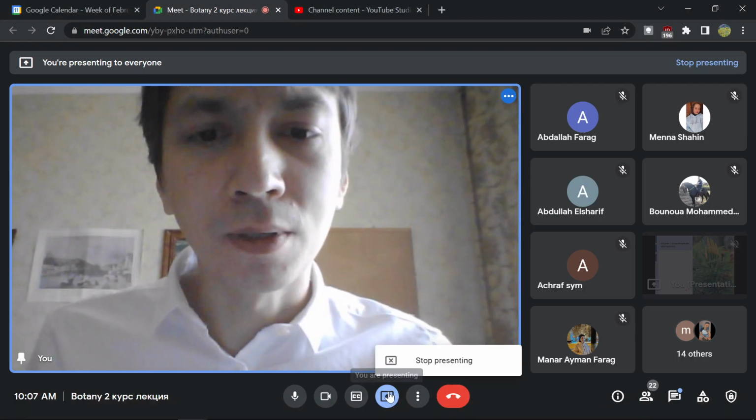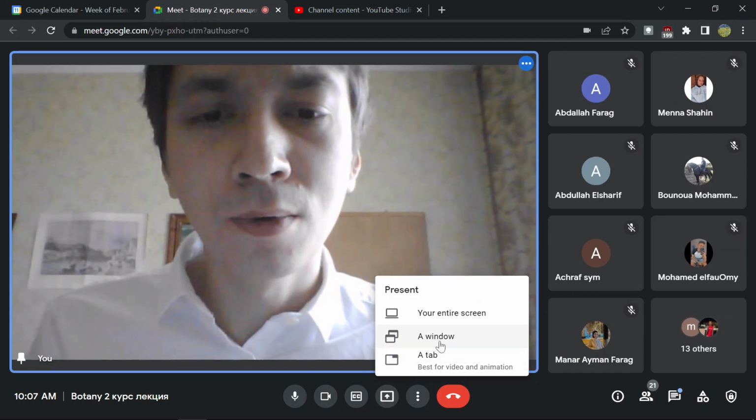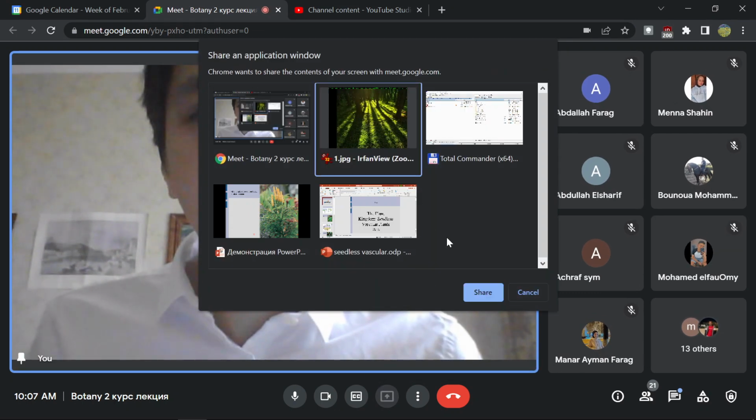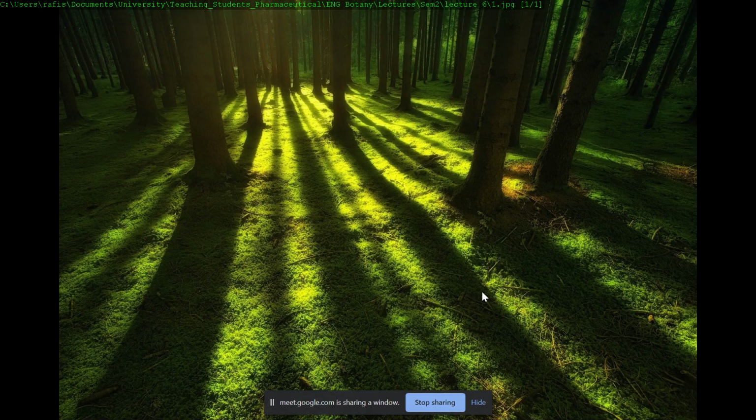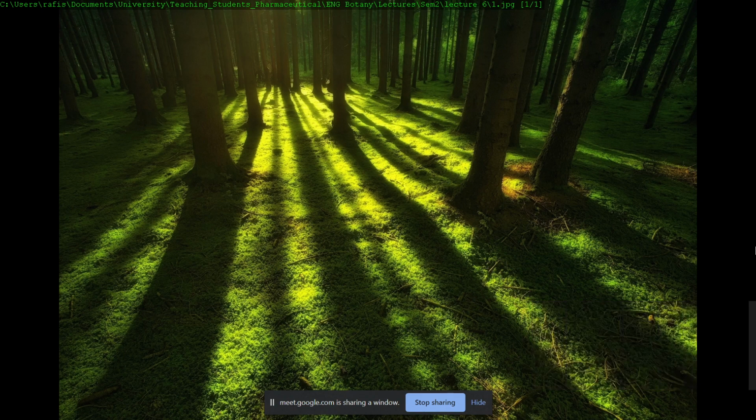So this one. This is a very beautiful one. In the real world, mosses may look like this.